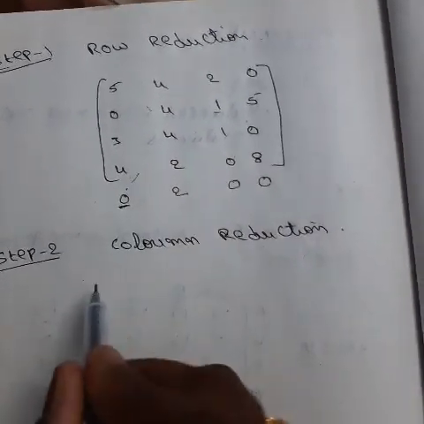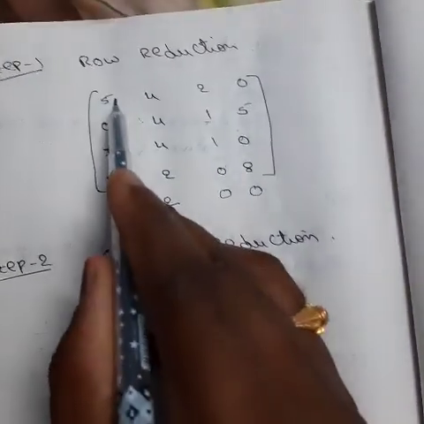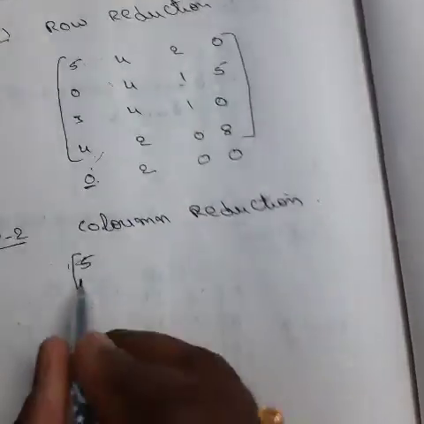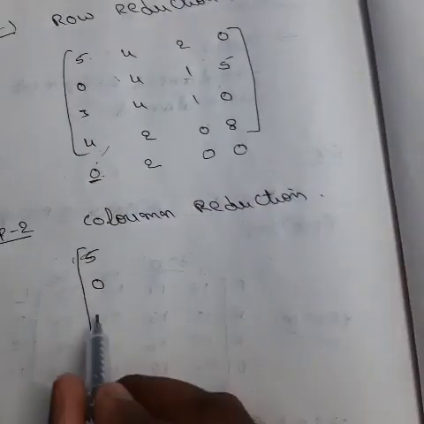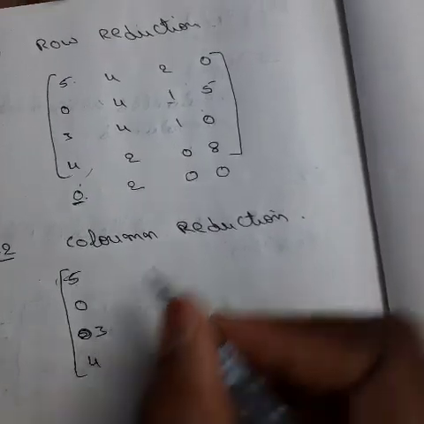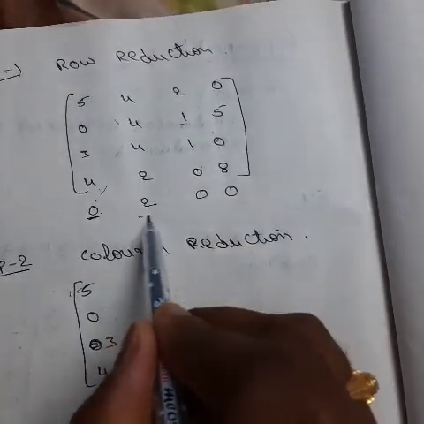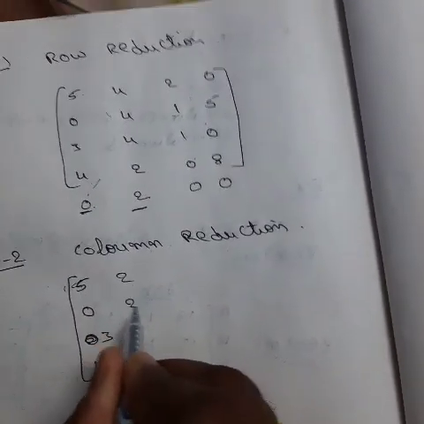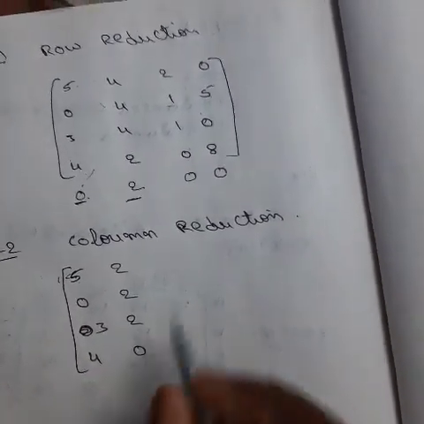Then we will get 5 minus 0, 5; 0 minus 0, 0; 3 minus 0, 3; 4 minus 0, 4. For the second column, the smallest value is 2, so 4 minus 2 is 2, 2, 2, and then 0.